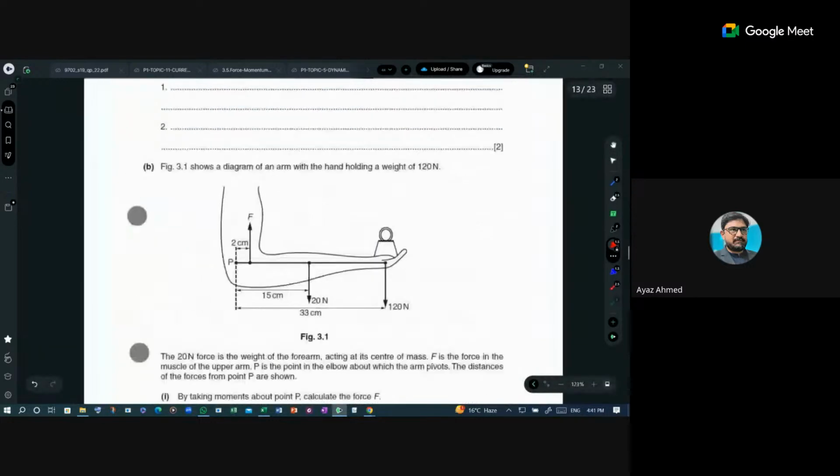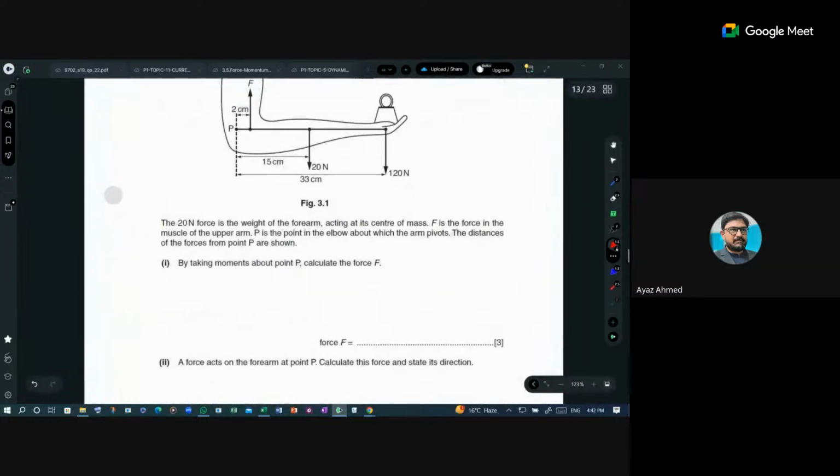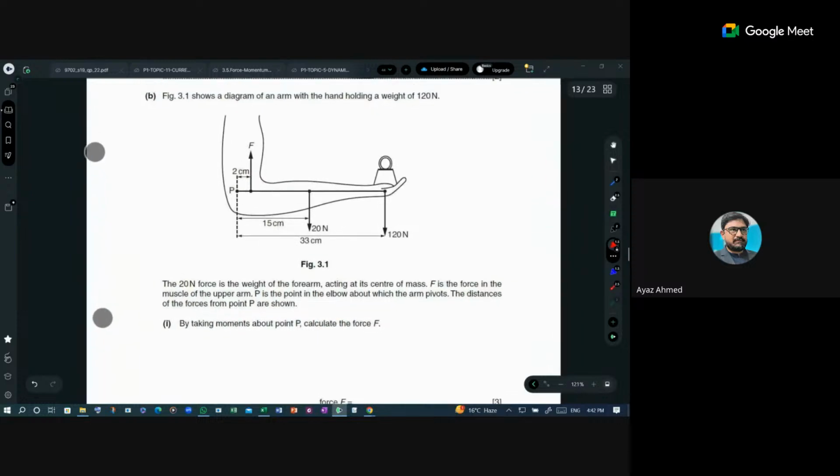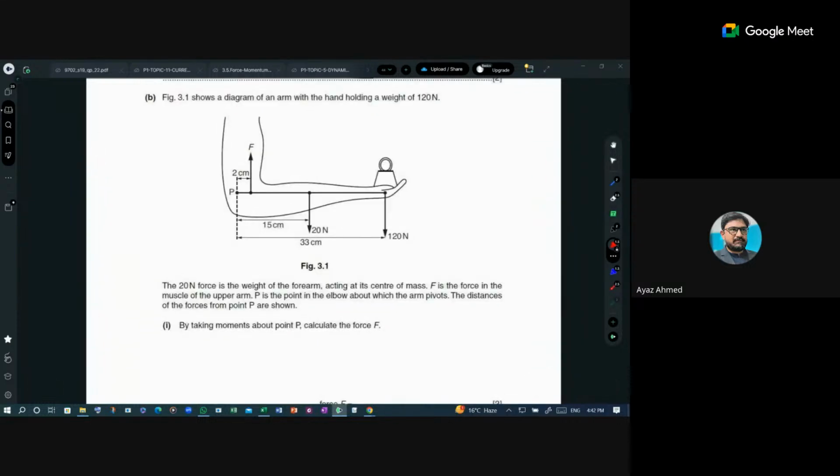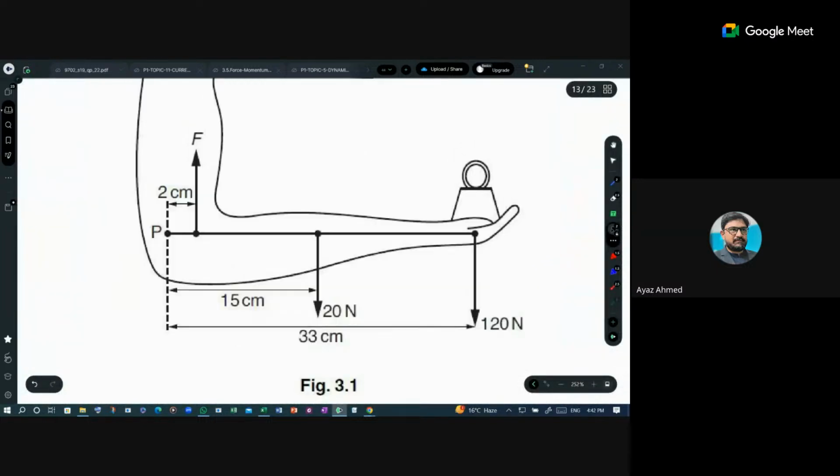For example, let's have a short calculation on this one. I will not solve all of the question, but the part which contains moment. So here, this is your arm. This is a practical question that works in our daily life in our hand. This is the pivot, mentioned as P. The center of the arm has a mass of 20 Newton, and a 120 Newton load is lifted by your hands, and this is the force exerted by your muscles in the upward direction.